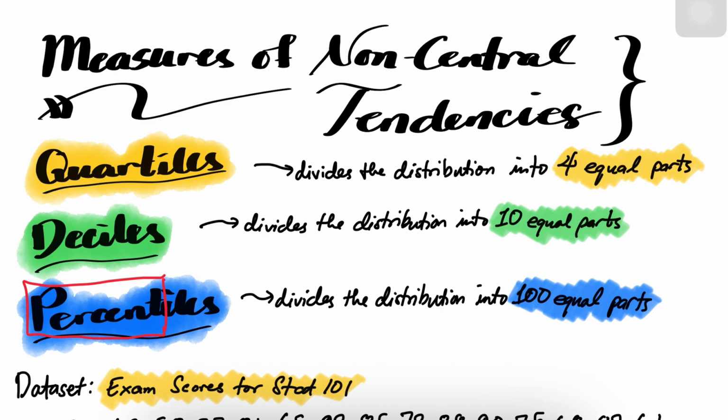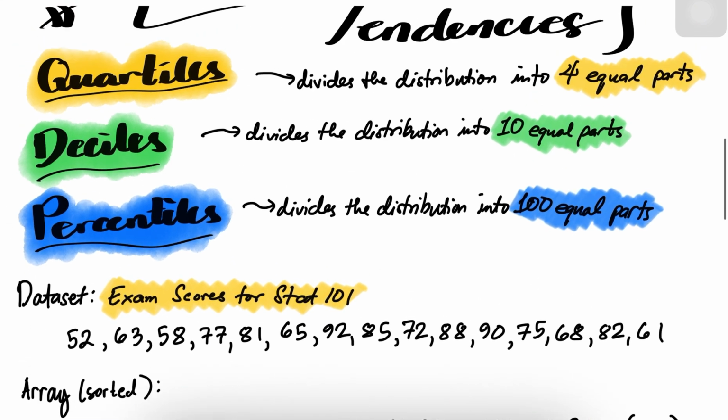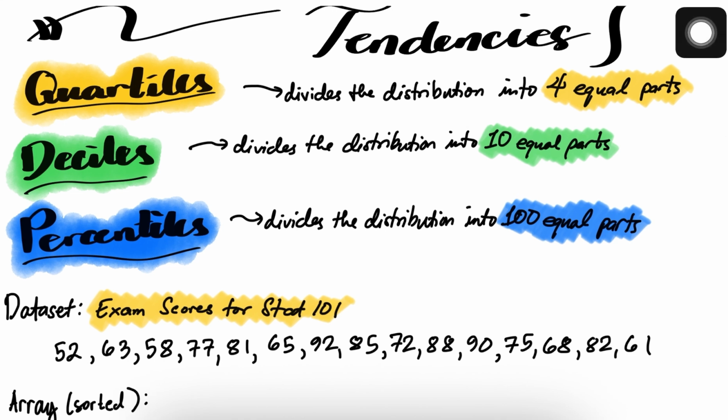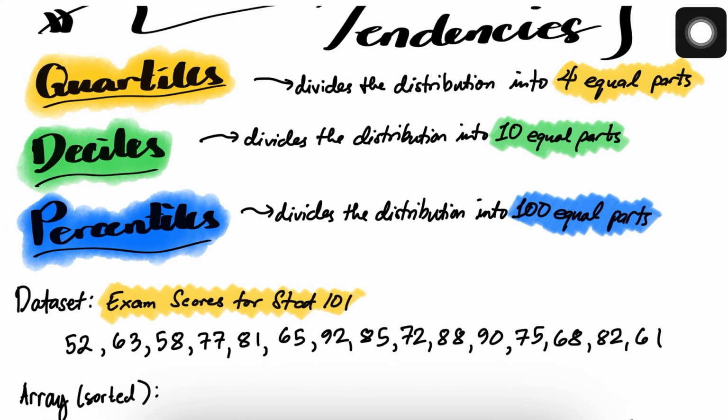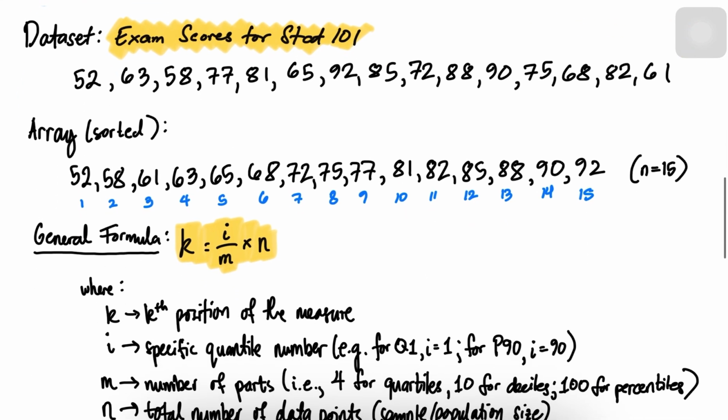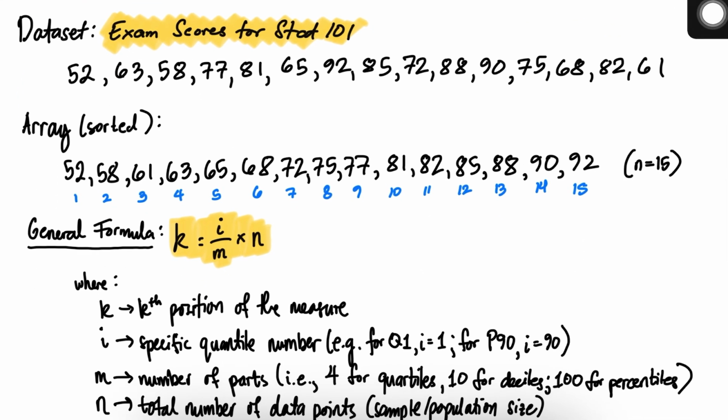So we're going to have a sample data set right here to show in this video how we determine the first quartile, the third quartile, etc. So let us consider this dataset of exam scores for Stat 101. Similar to how we solve the median, we also need to arrange the data in an array in either ascending or descending order.